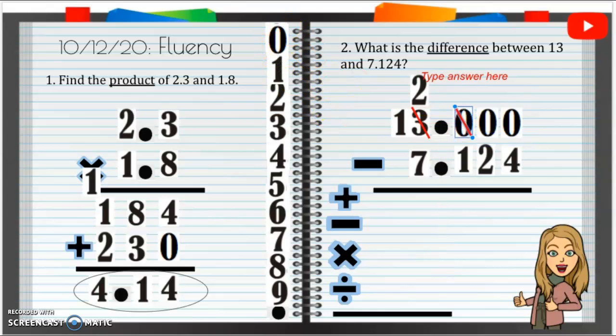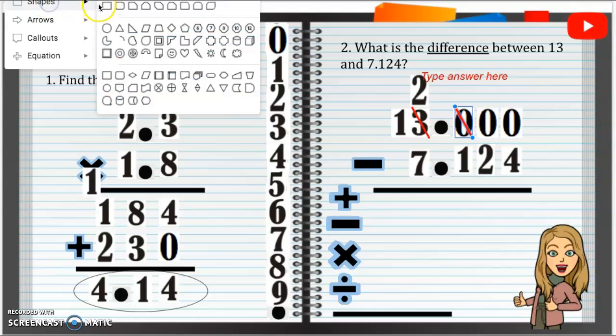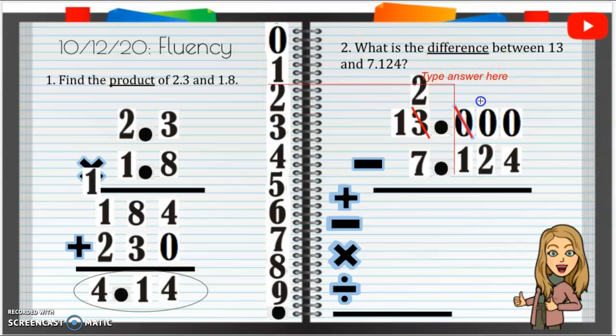So if we have a 10 there, I'm going to put a little 10 in there. That little 10 is now something that we can borrow from to make this one a 10.